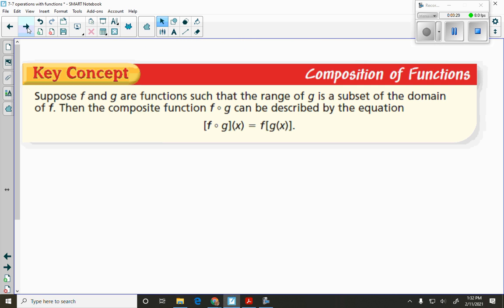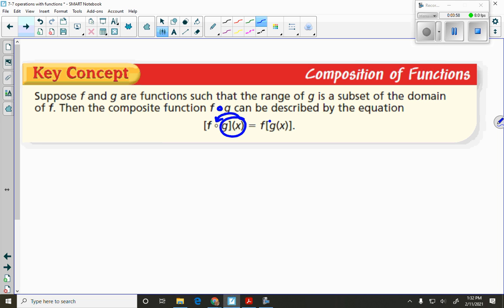Okay, the next one I want to talk about is called the composition of functions. A composition of functions has not a times dot, but it has this little tiny o, and they call it FOG. It's really close to what a times looks like, but it's something different. It is the same thing as taking this g of x and putting it inside the x of your f equation.